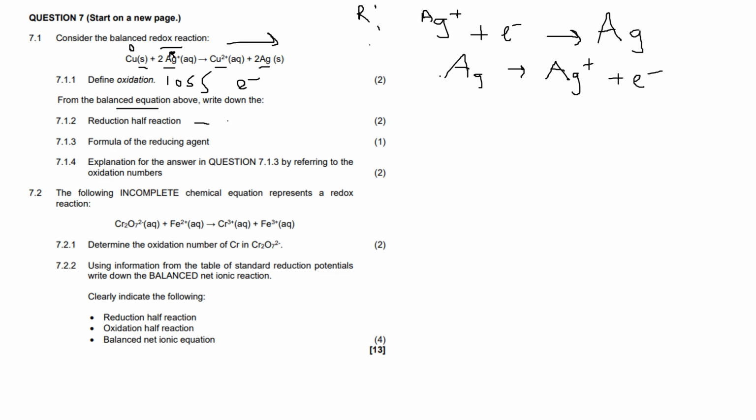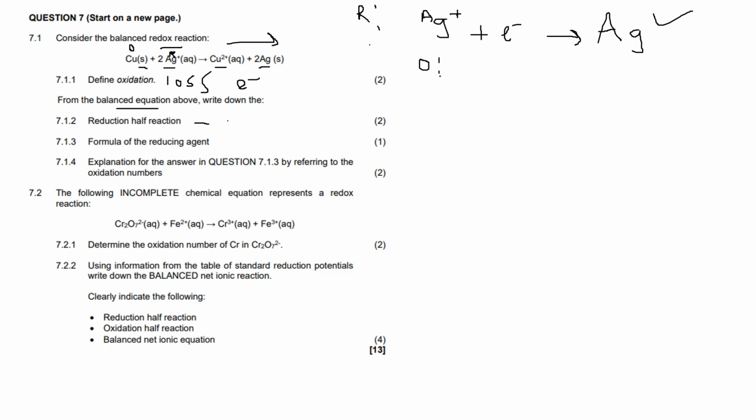But because we know that Ag is undergoing reduction, the first one is our answer. So just go to the table and copy it as it is. They didn't ask us for the oxidation half reaction, but let me also put a reaction for oxidation.